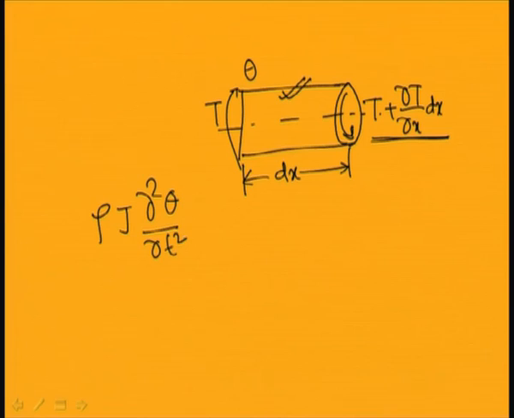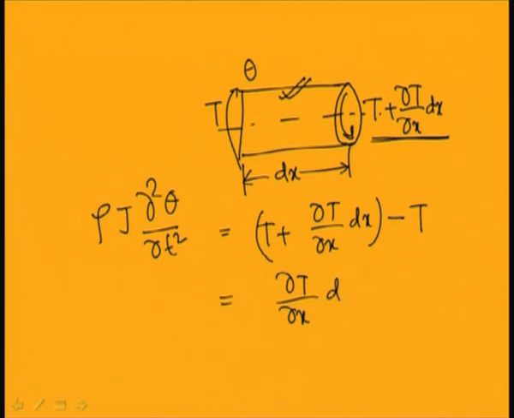This is the inertia torque. It will be equal to the torque on the right side, T plus del T by del x into dx, minus the torque on the left side, T. So, this becomes del T by del x into dx.